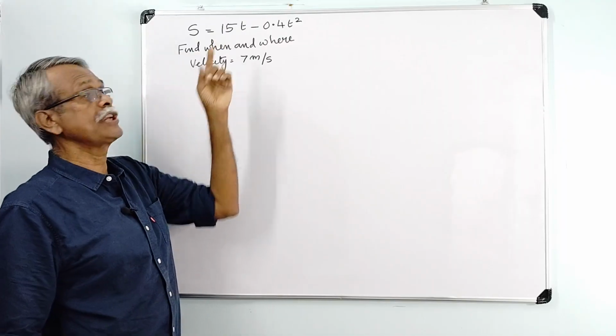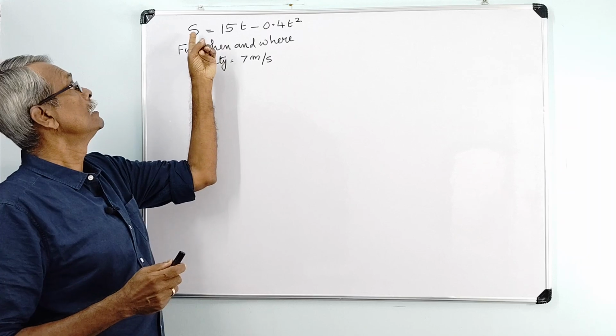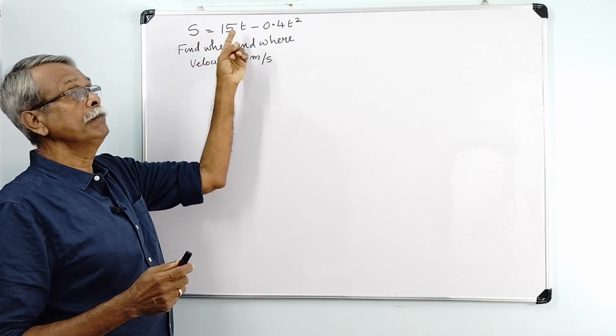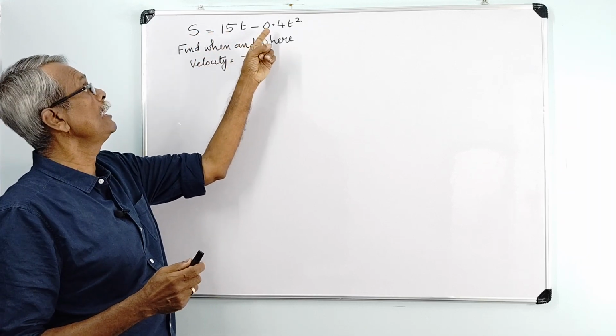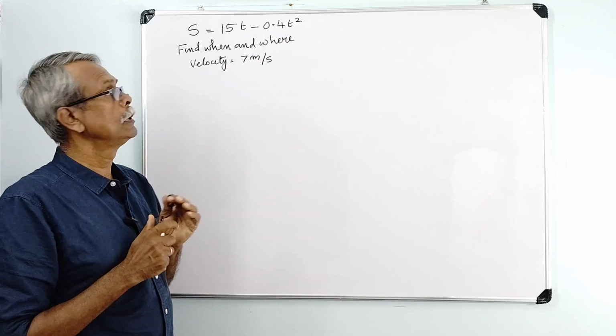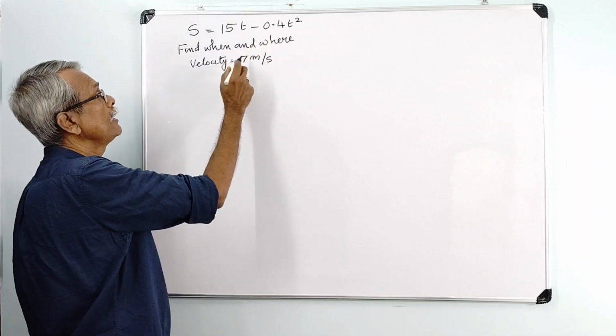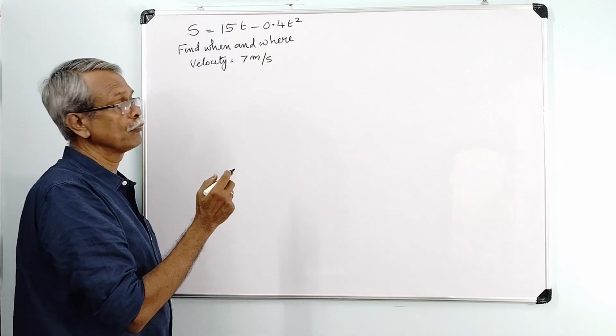We will work out this question. S is a function of time. It is given as 15t minus 0.4 t square. Then we have to calculate when and where the velocity is 7 meters per second.